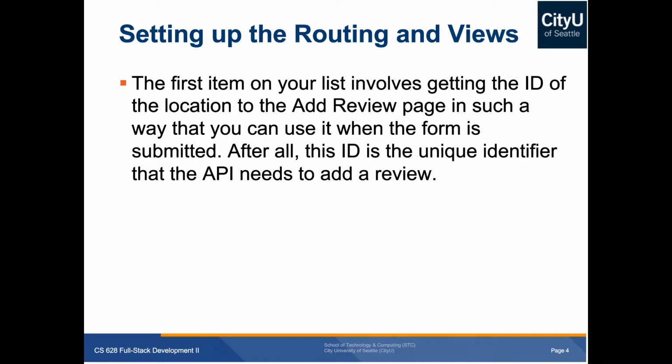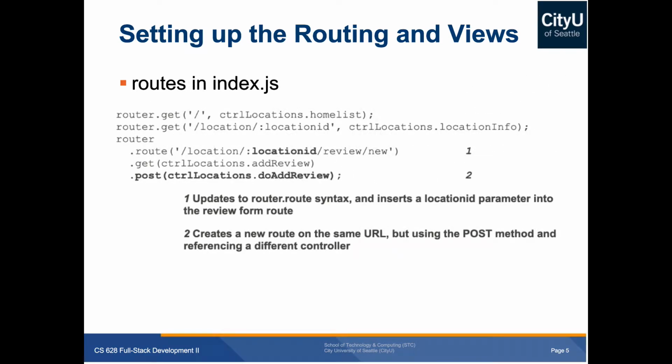The first item on your list involves getting the ID of the location, the parent, and getting the add review page in such a way that you can use it when the form is submitted. After all, this ID is the unique identifier that the API needs to add a review.